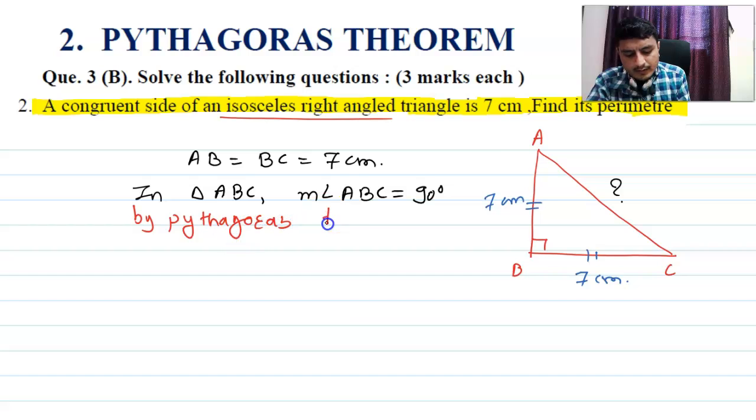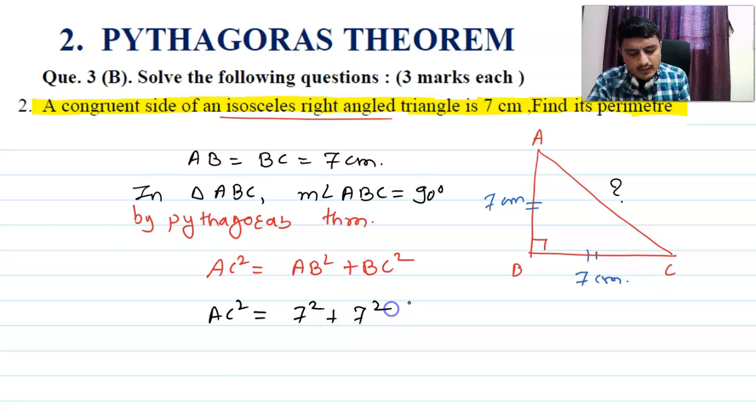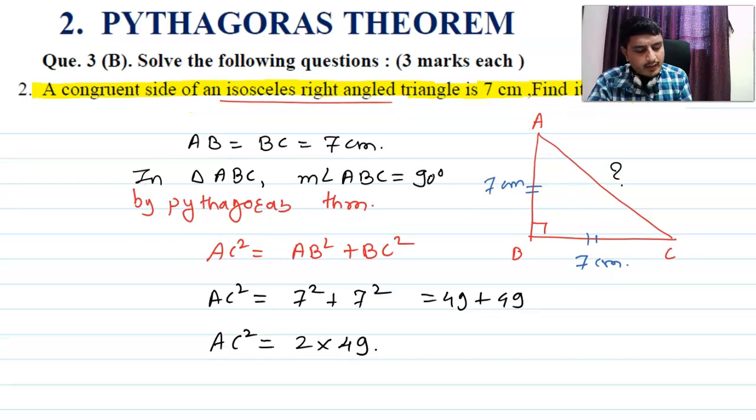By the Pythagoras theorem, the hypotenuse is AC, so AC square equals AB square plus BC square. Now the value of AB and BC is 7, so AC square equals 7 square plus 7 square. So AC square equals 49 plus 49, that is 2 times 49.